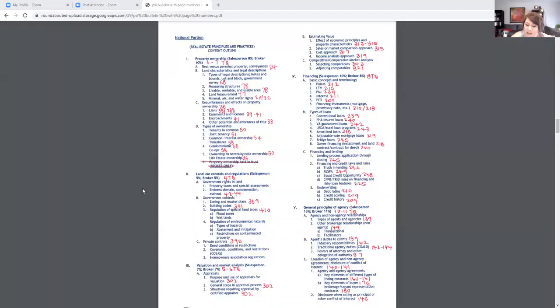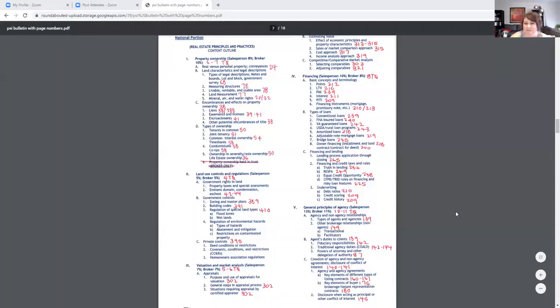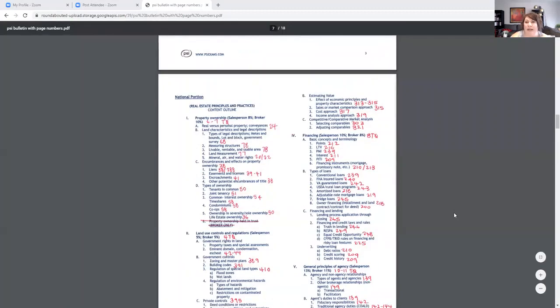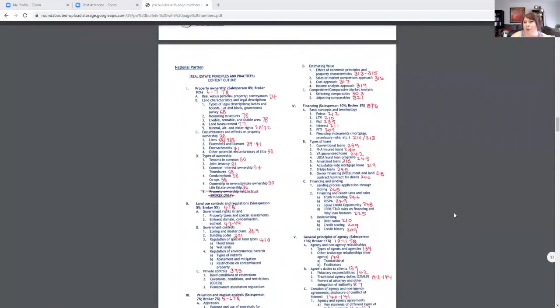Now, when it talks about situations requiring an appraisal by a certified appraiser, this is generally going to be the difference between an appraisal and a broker price opinion. A broker price opinion is a much faster, smaller, probably cheaper version of an appraisal that's often done for a bank trying to establish a price when they list something that they've taken back through foreclosure.